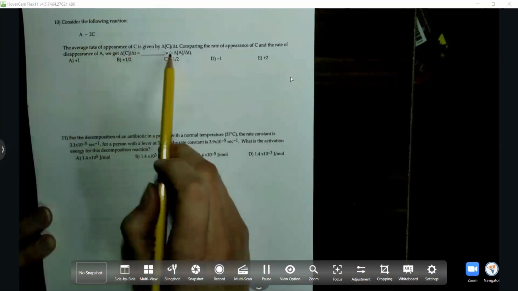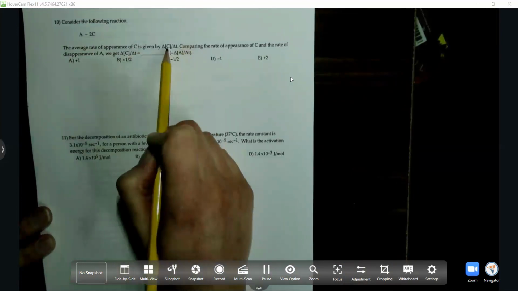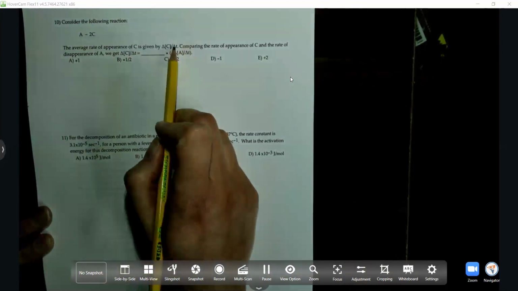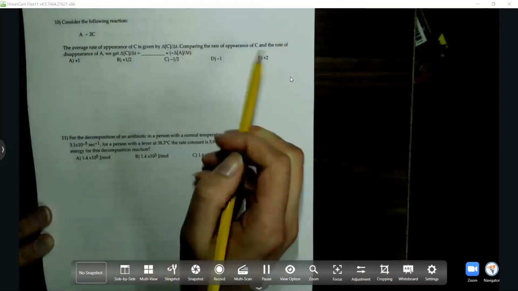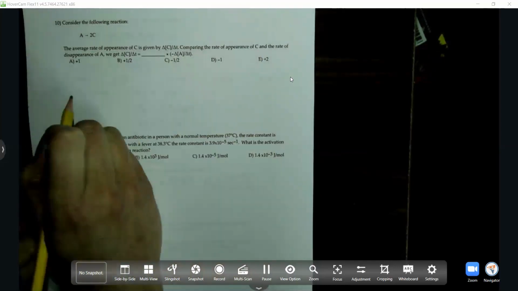All right. Number 10. Consider the following reaction. The average rate of appearance of C is given by the change in concentration of C divided by the change in time. Comparing the rate of appearance of C and the rate of disappearance of A, we get, so it wants us to rearrange our instantaneous rates.